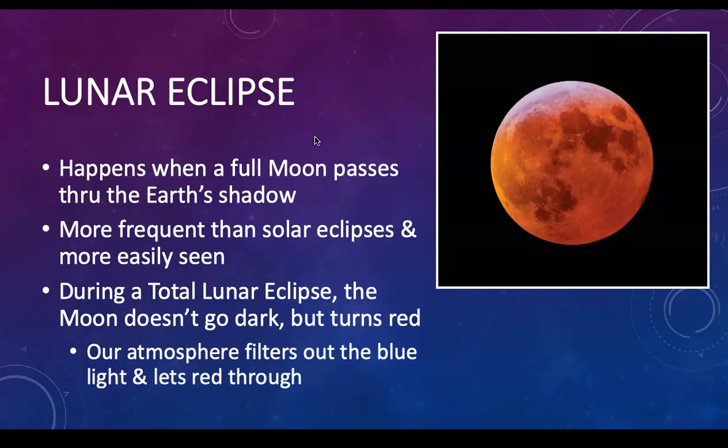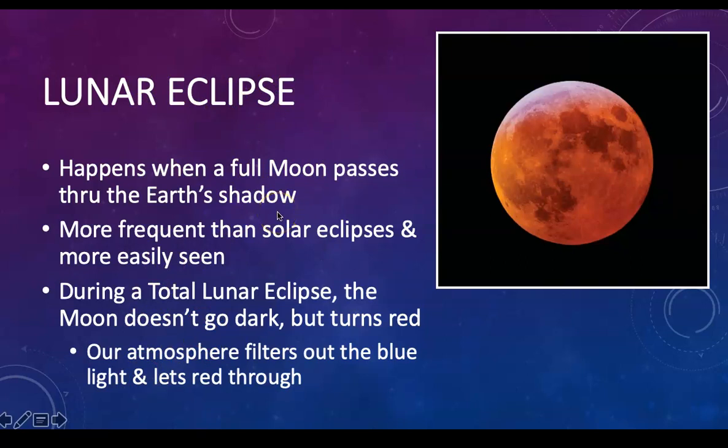Lunar eclipse. These are fun. Don't stare at a solar eclipse, by the way. I didn't put that little safety note in there. This one you could watch quite easily. And they're more common. Full moon passes through the Earth's shadow. Turns red. That's because our atmosphere filters out the blue light. Kind of cool. I didn't see anything about the other colors.